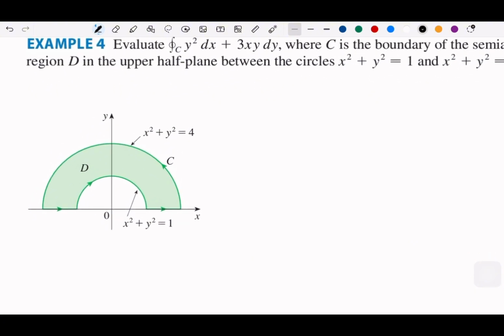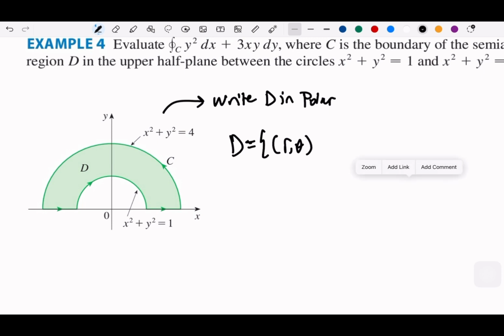Okay, so we could write in terms of polar. So write D in polar, D in terms of r and theta, which is the radius from 1 to 2, right?